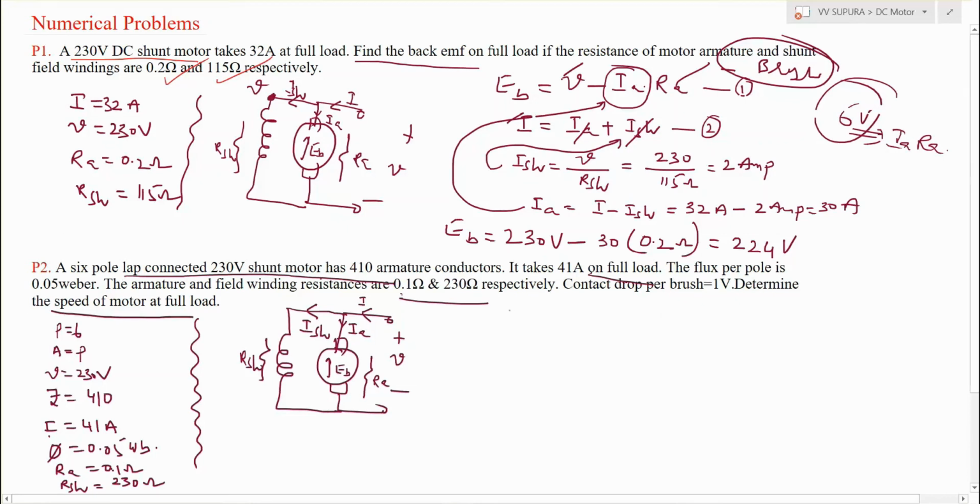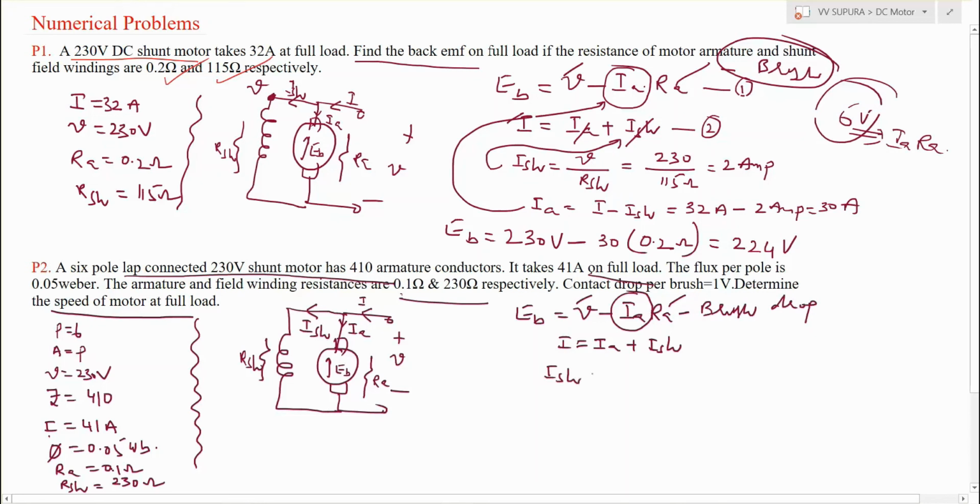From this I can calculate back EMF EB at full load: V minus IA RA minus the given contact drop per brush, so I can write brush drop. I know the terminal supply voltage, armature resistance and brush drop, but I need to calculate the armature current. From this equation, I is equal to IA plus ISH.